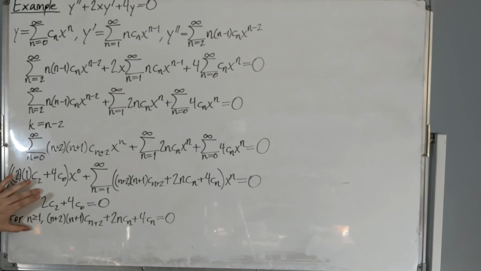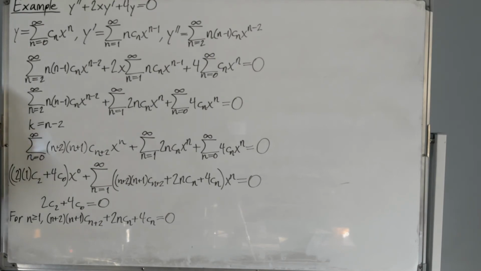And then this infinitely large system of equations is our recurrence relation. That's all we need at this point, so I'm going to erase everything else. If you need to see everything else, then I suggest you pause the video.